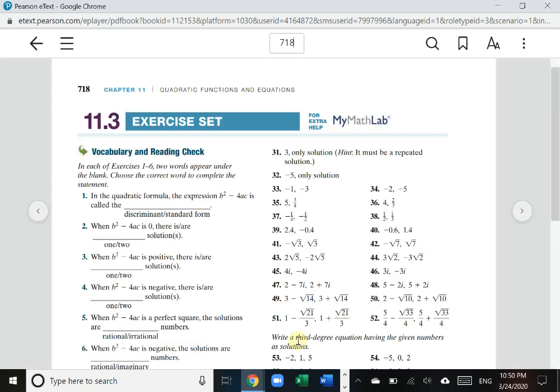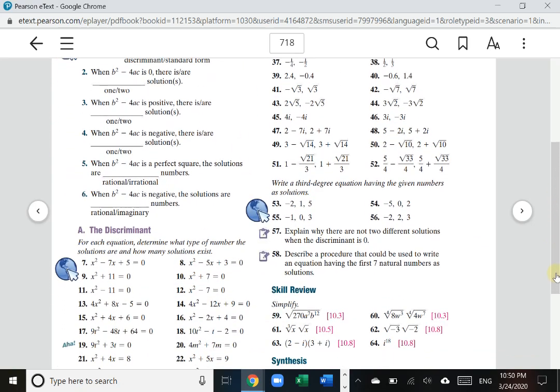I have you do those three problems on page 718. Let me move this up for you so you can see it. This thing isn't cooperating with me. No problem. There you go. Maybe I can scroll it down. There you go. It's going to work.